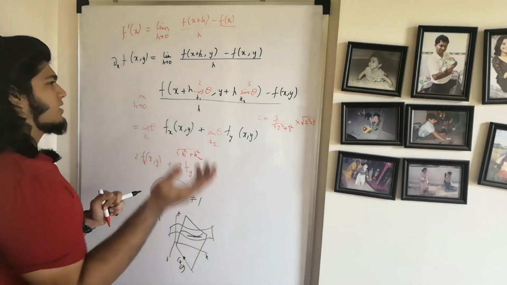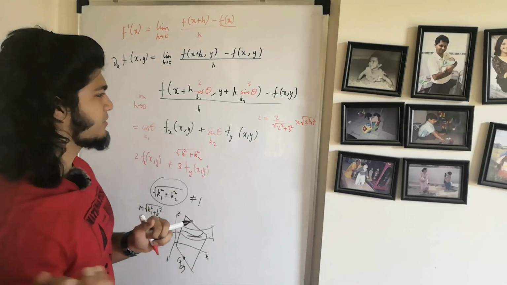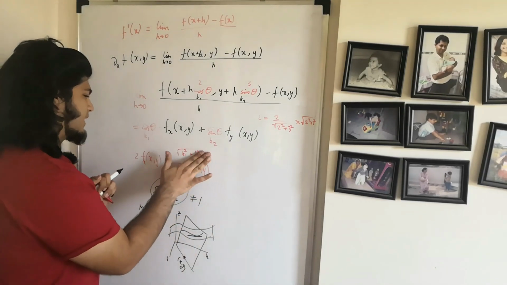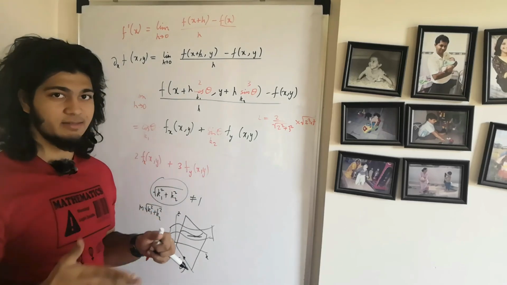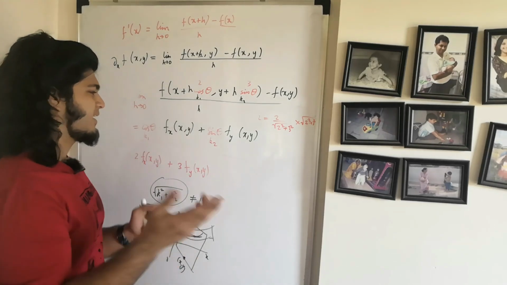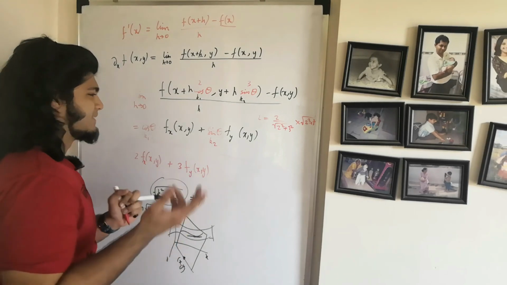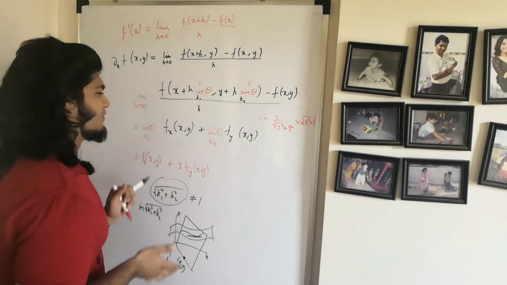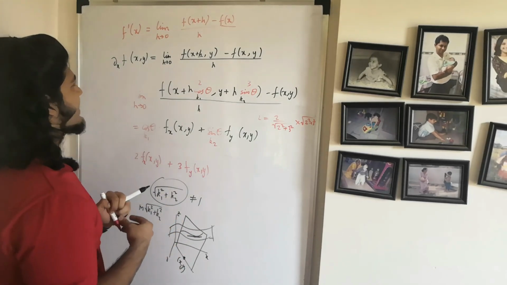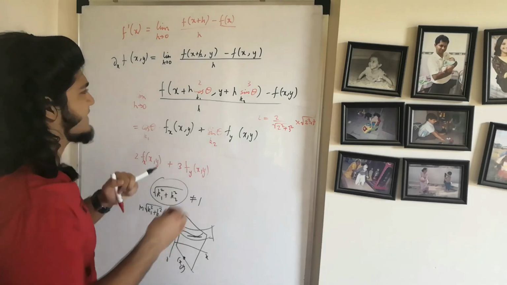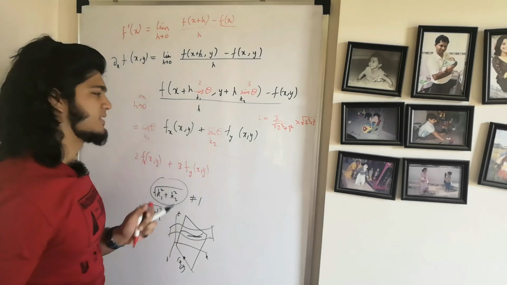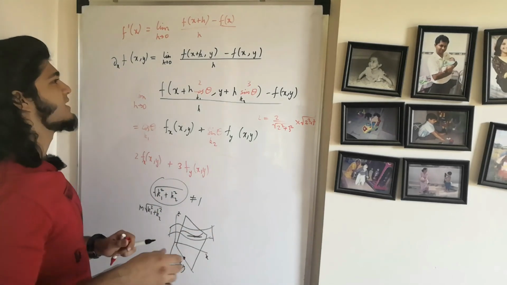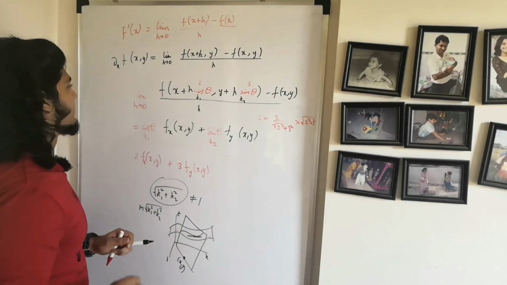Ultimately it's all the same thing, but some people argue that not dividing by this factor and just keeping it the way it is also has some nice interpretation. So they are right in their own way, I'm right in my own way, so you can have whatever you want. The directional derivative can either be normalized by dividing by the square root of k1 square plus k2 square, or you can just keep it as it is. It's up to you, you just need to specify which case you're taking.